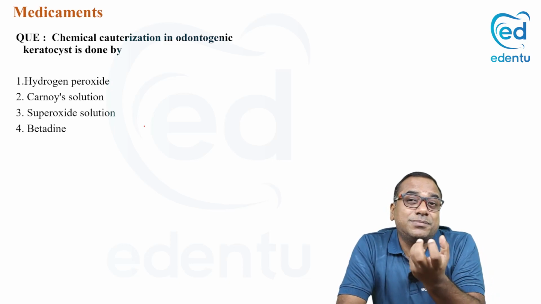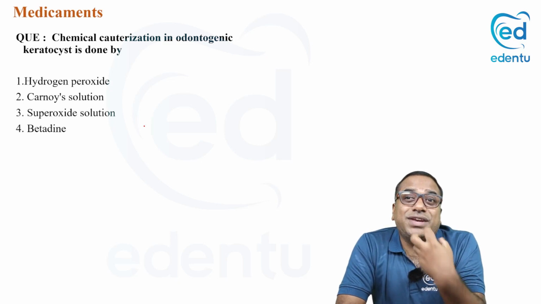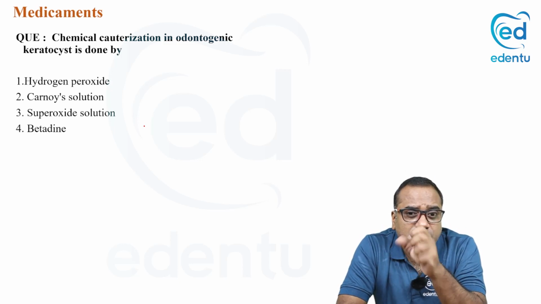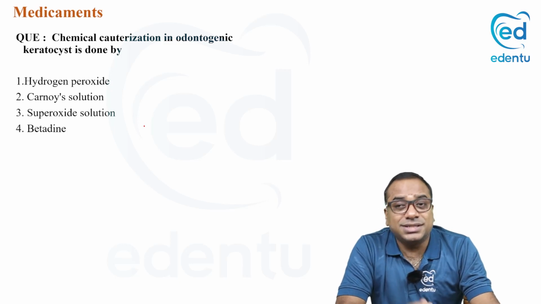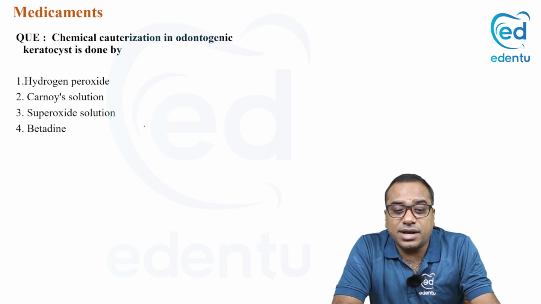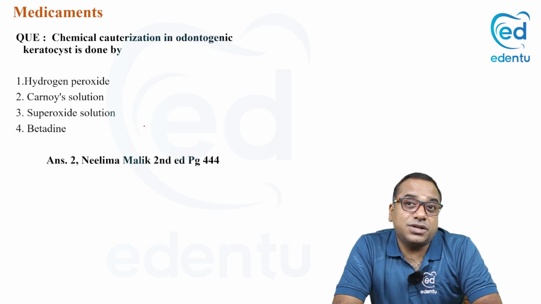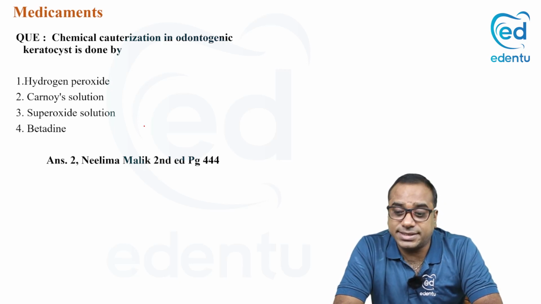In OKC, if some cells are remnant, we have to use a fixative solution which will fix those tissues. We have just discussed that Carnoy solution is the fixative solution which is very good for OKC.